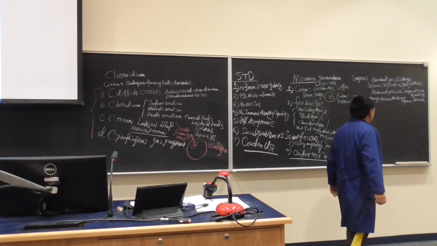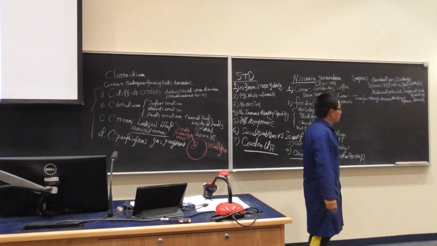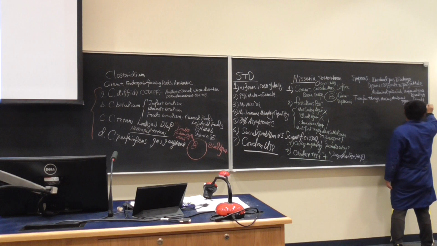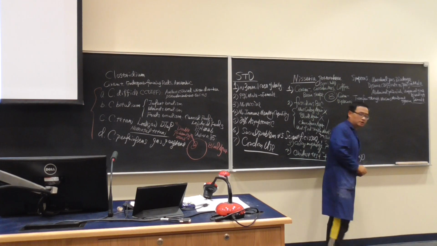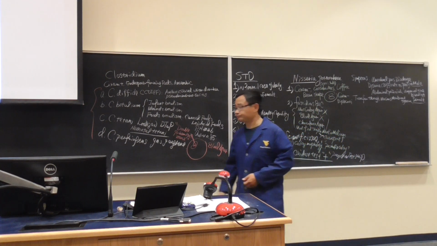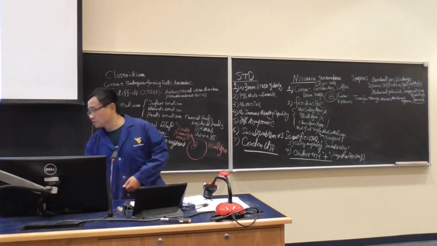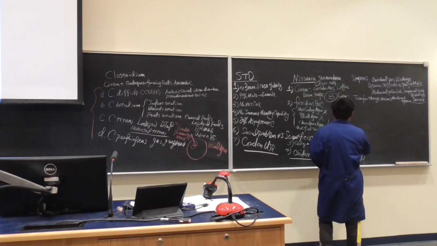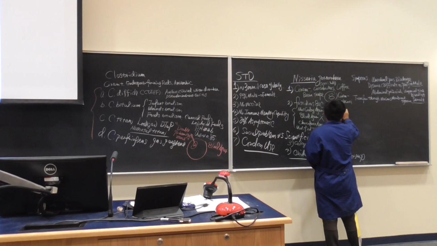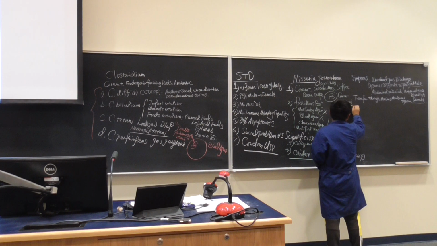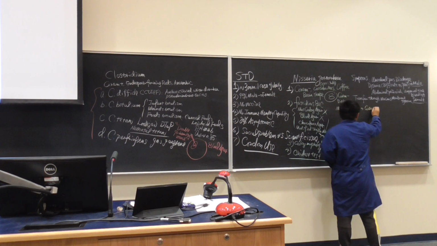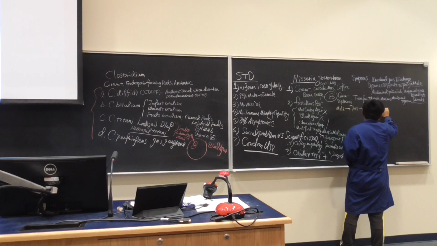Okay. Now we want to talk a little bit more about how we do the identification between male and female. There's a little bit of difference between that. If a male gets pus, then we do the gram stain. Okay?